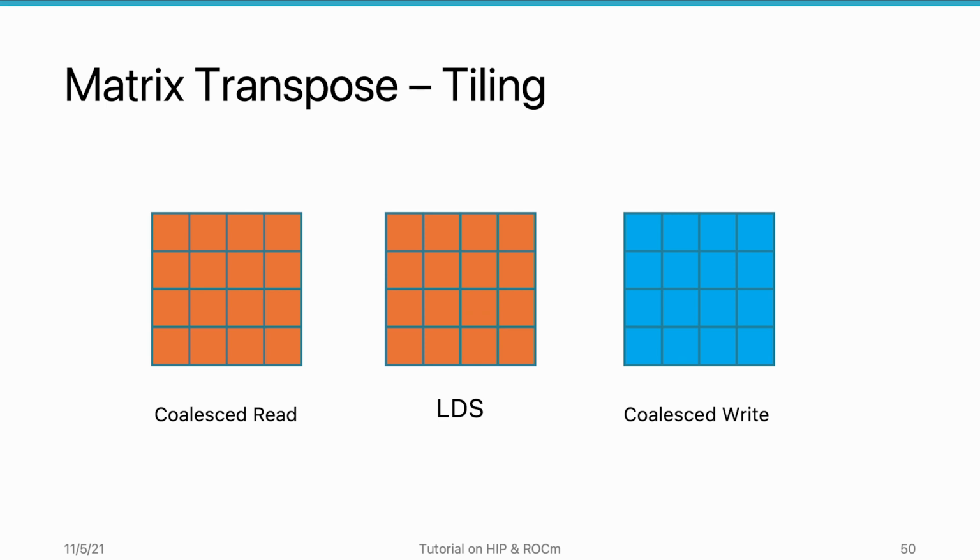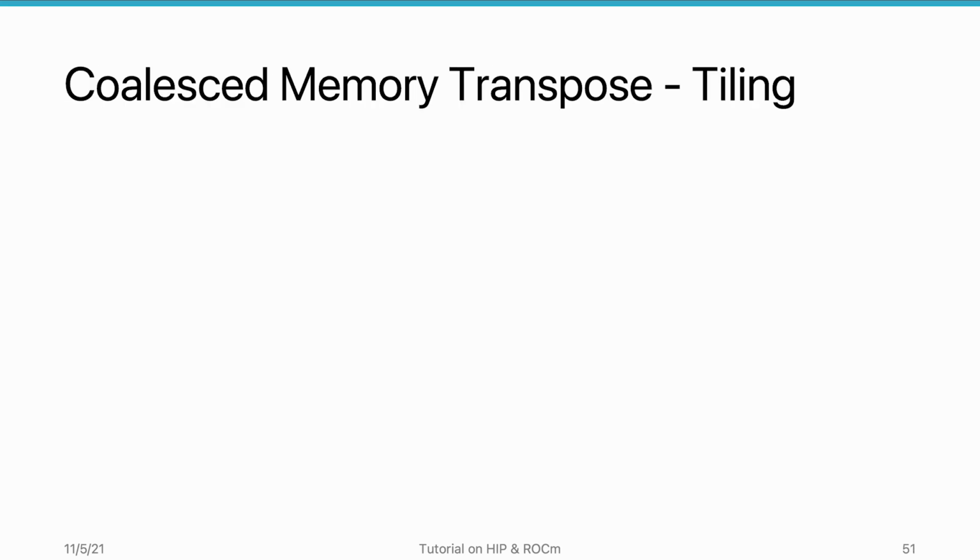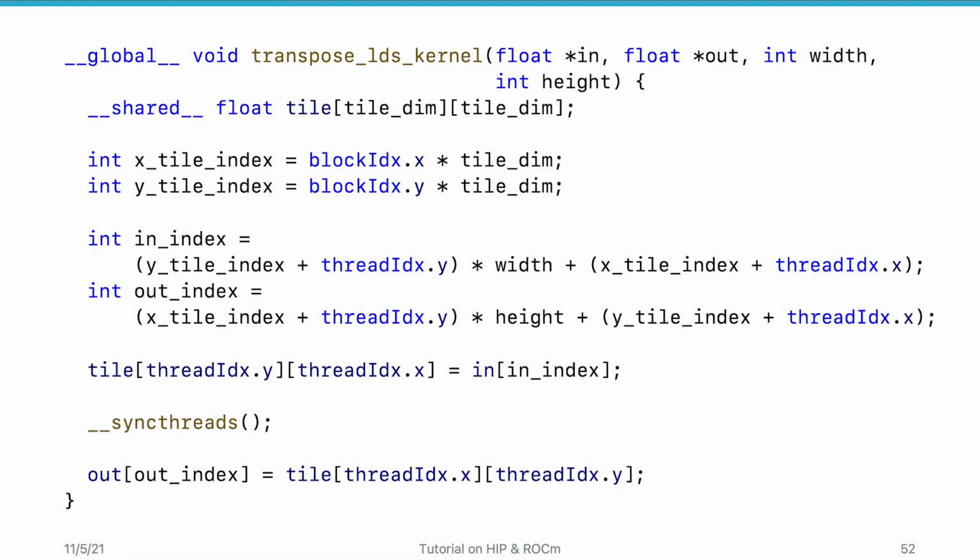So let's look at how this tiling-based mechanism is implemented in code. Here is the code of the tiling-based transpose. The input and output are the same. Here, just for simplicity, we use floating point numbers. We first allocate a chunk of LDS memory named tile. It's a two-dimensional array.